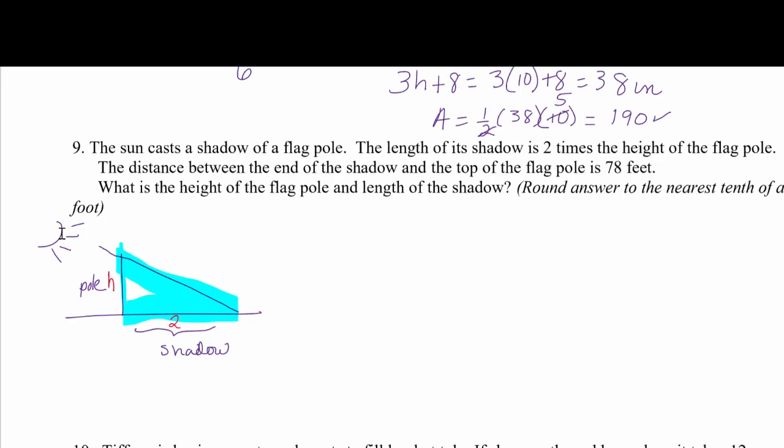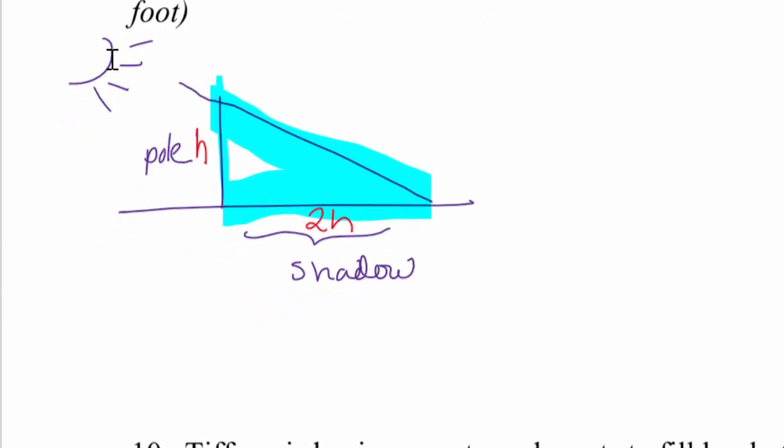So 2h. Then it says that the distance between the end of the shadow, which is here, and the top of the flagpole, which is here, is 78 feet.